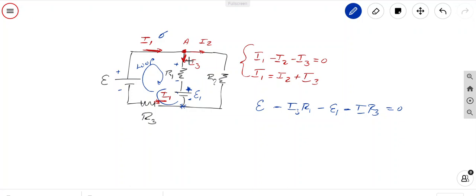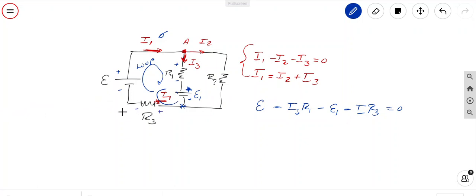So you have here that there is a drop of voltage, so that's why we have a negative sign here. The product of the current I3 times the resistor R1, minus, again, we have a drop of voltage in this battery, right? Because we're going from the positive pole to the negative pole of the battery. So we have minus E1, or minus the electromotive force 1, minus then the drop of voltage across R3, the resistor 3, right?